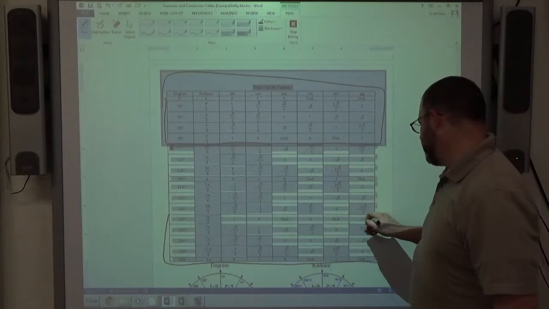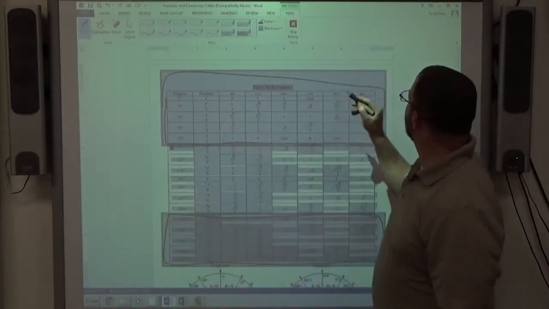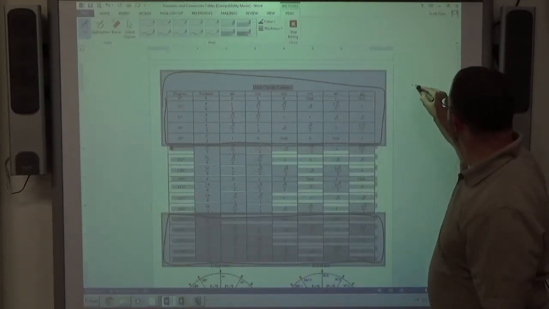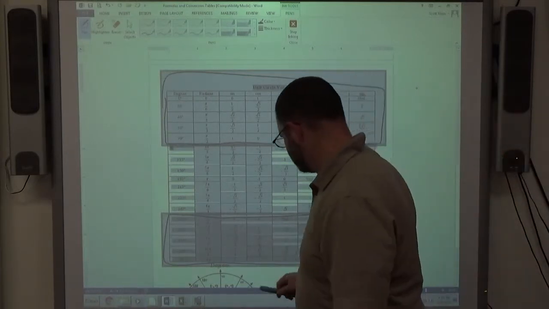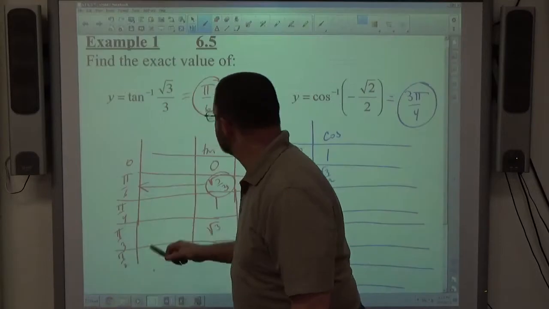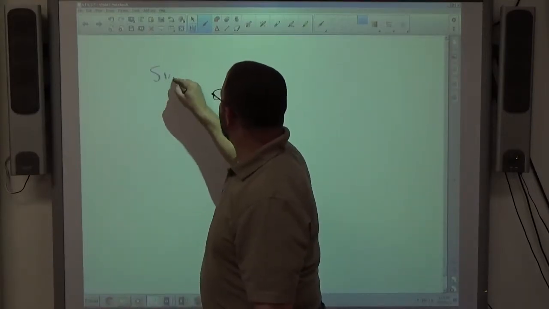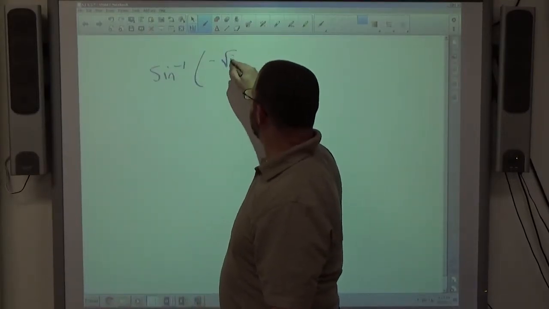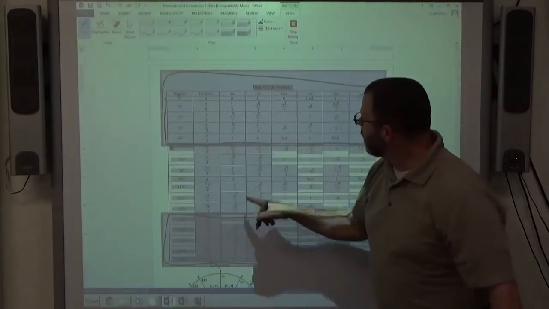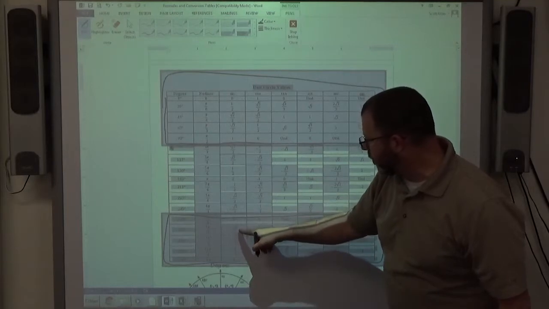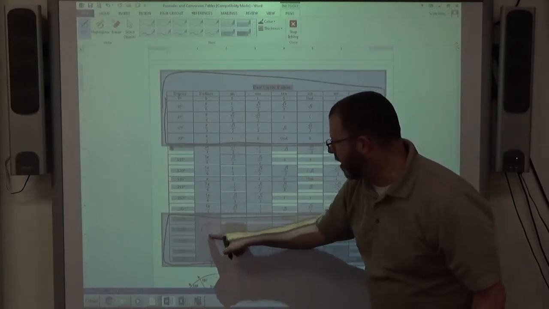So if I'm doing an inverse sine, let's say inverse sine of negative square root of 3 over 2. So we go back over here, and we find the sine column, we find negative square root of 3 over 2, which is right here, which happens at 5 pi over 3.